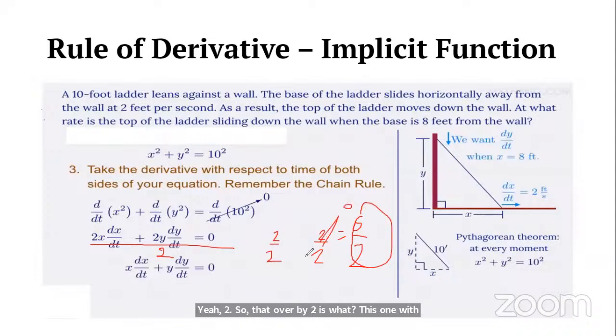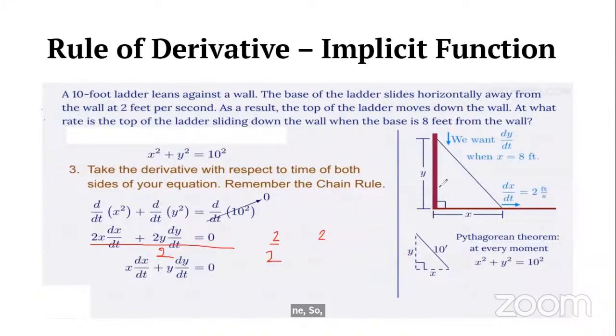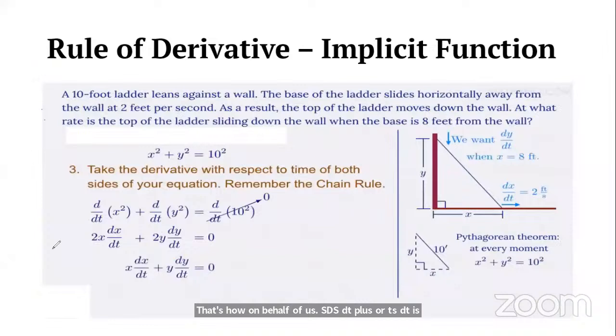So this one will cancel out, and this one will cancel out. Then you have s ds/dt plus y dy/dt equal to 0 here. Are we all okay?